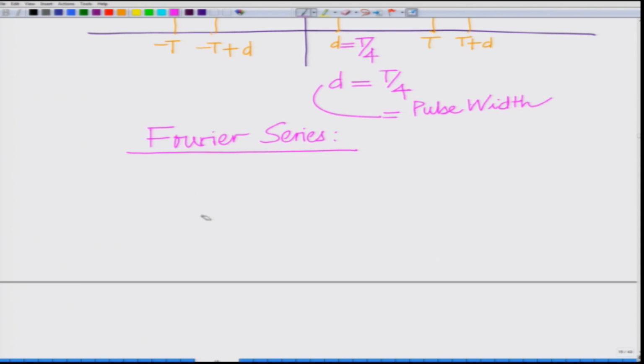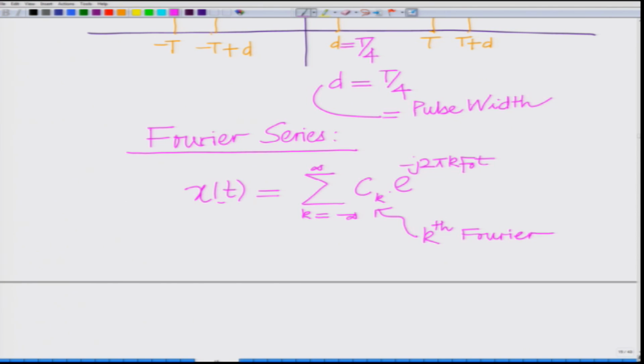We have said any periodic signal x(t) with period T can be expressed as an infinite sum of complex sinusoids, that is, the sum of C_k e to the power of j 2 pi k f naught t. This C_k is the kth Fourier coefficient.